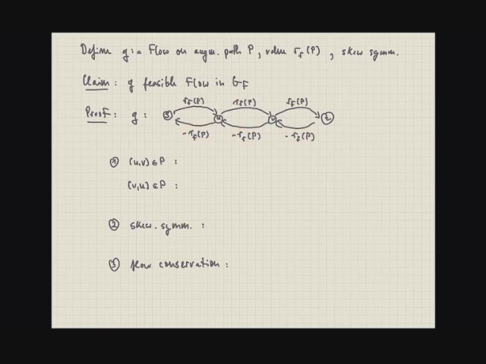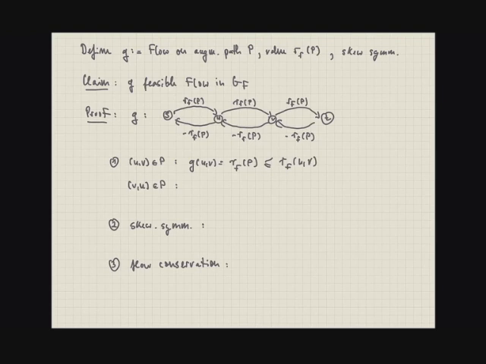Now, if we look at the forward arc from that path, then the actual flow value from U to V is just equal to the residual capacity of that path, Rf of P. And since the residual capacity Rf of P was chosen to be the minimum capacity along the whole path, this is not more than the capacity of the corresponding arc UV, right? Rf from U to V.